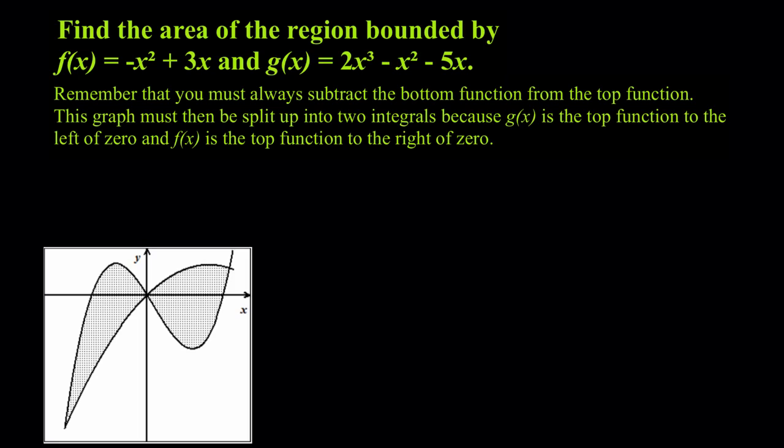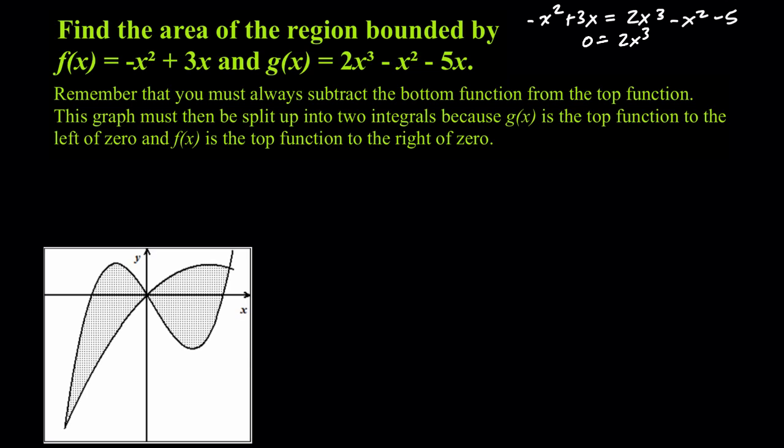So we're going to take -x squared plus 3x, set it equal to 2x cubed minus x squared minus 5x. Set this equal to 0. It's going to give you 2x cubed.